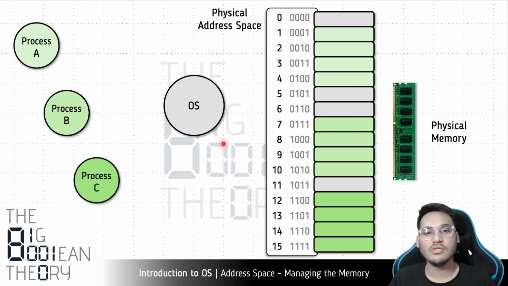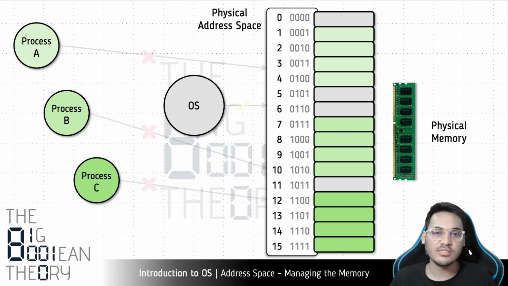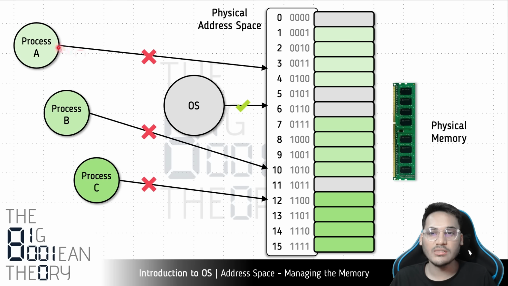So now let us see how the operating system deals with this address space. Let's take an example. Here we have a hypothetical computer system where we have three processes A, B, and C, and this is the operating system. What the operating system does is forbid these processes from directly accessing the physical address space, and it is only the operating system that can access this physical address space.